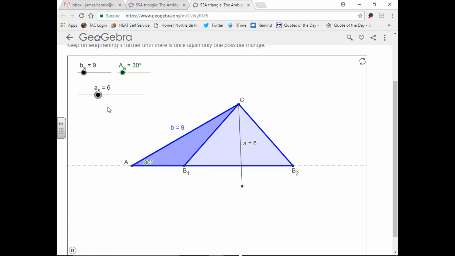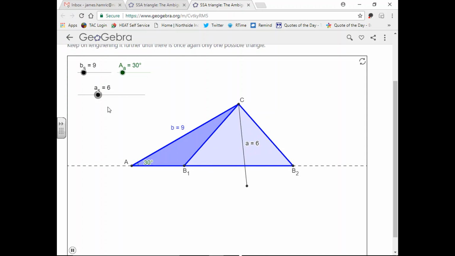So we have that great big triangle from A all the way to B2, then up to C. Then we have that little skinny triangle from A to B1 all the way up to C. And notice, side B is not changing, side A is not changing, and angle A is not changing. But we do have 2 different triangles possible. That's why this is called the ambiguous case.